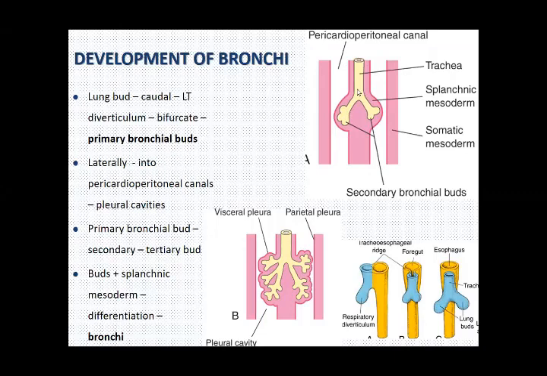Respiratory primordium भी foregut से develop हुआ है. ठीक है. So this is the developing trachea. This is the primary lung bud. Yeah, this grows laterally, this grows caudally, and it grows into the pericardio-peritoneal canal.